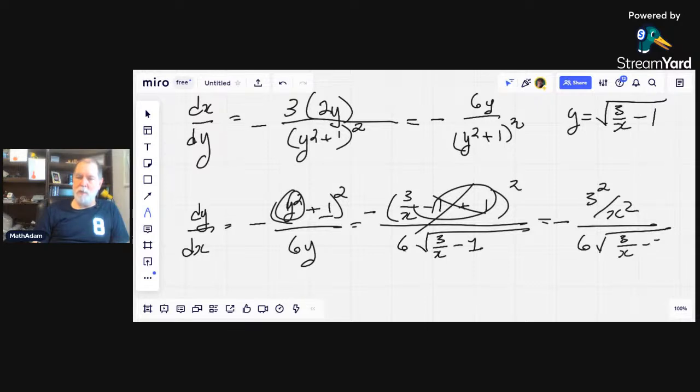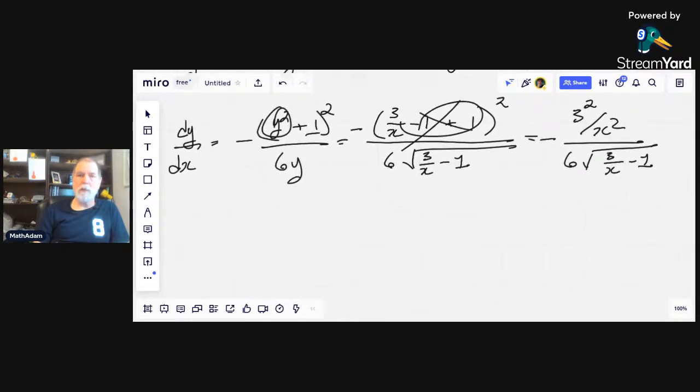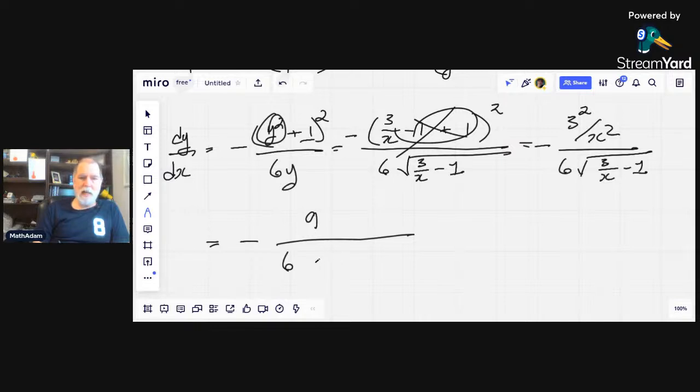There's our y, just writing the same thing. Now we're going to simplify that. Let's bring this x squared downstairs. So that equals, 3 squared is 9, so we've got 9 up here, over 6x squared times the square root of 3 over x minus 1.